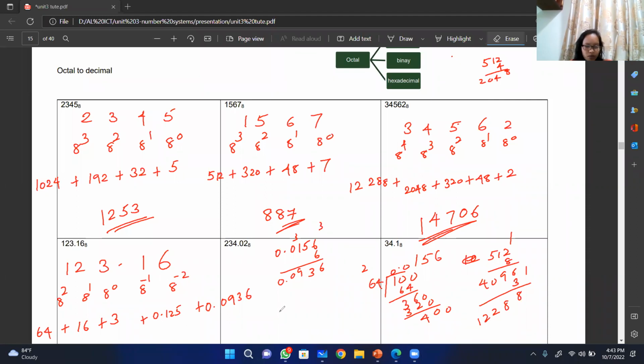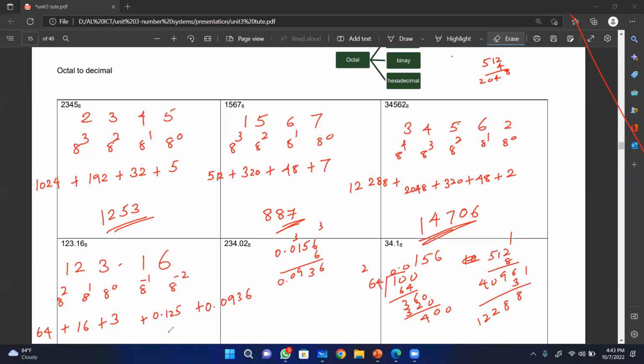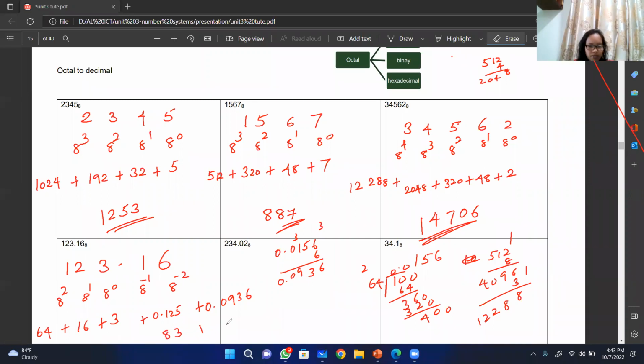Now we have to add all of these together. So first we'll do the whole number addition. 83 plus 0.125, and here 0.0936 comes, so 0.2186. Then the final answer is 83.2186?